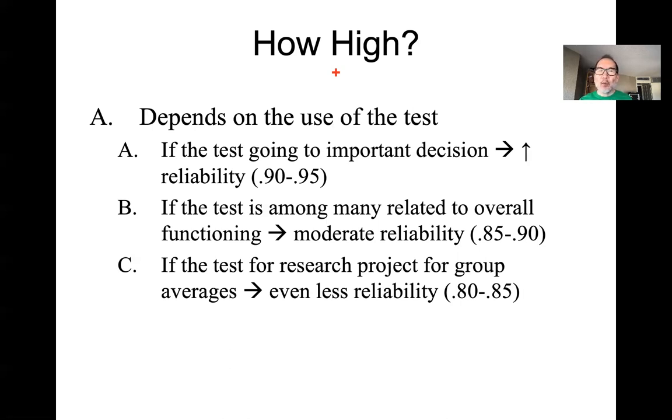And then finally, the author mentions that if it's going to be used for research, to determine group averages on different parameters, let's say you're doing a drug study on depression, so you want to be sure your sample demonstrates a moderate amount of depression, then you can probably deal with a slightly lower reliability, probably between 0.80 and 0.85.